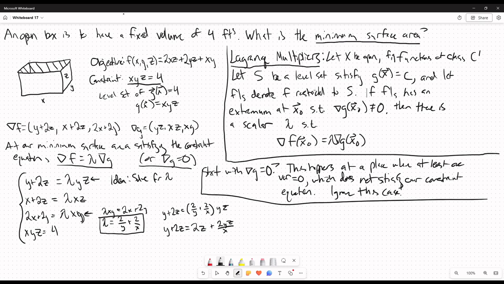I notice that those two z's are going to cancel out. That's nice. So I'm going to get y equals 2yz over x. And we can go one better. We can go ahead and cancel out some y's. We're going to get 1 equals 2z over x, or x equals 2z.